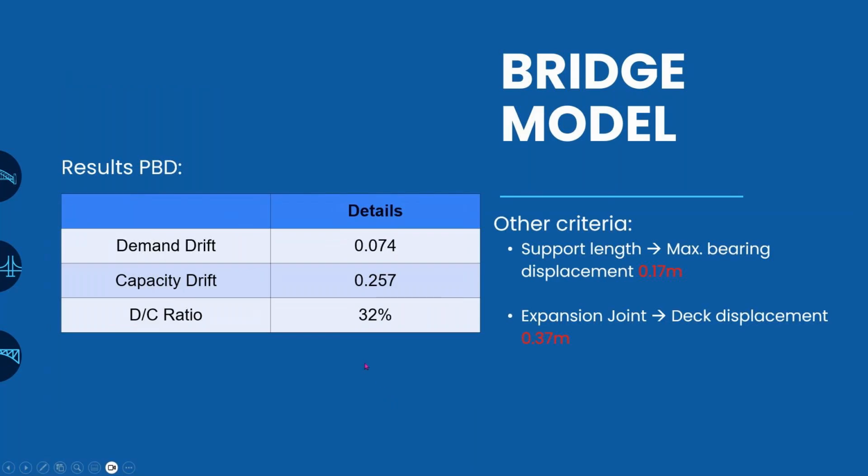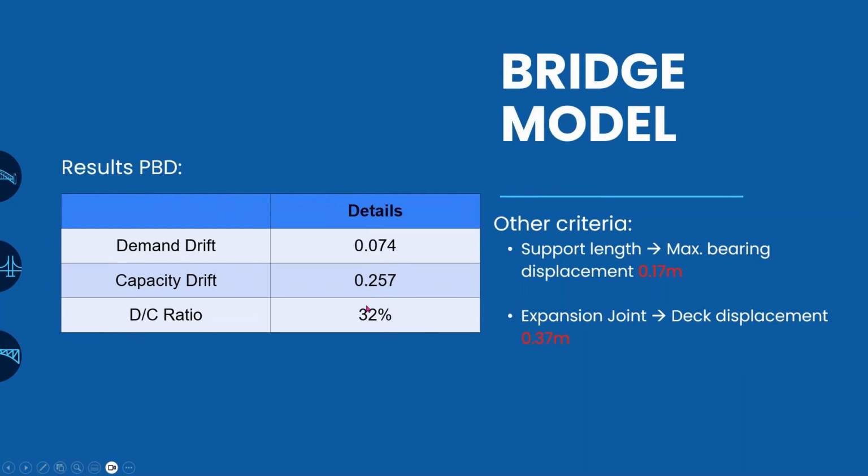So if we compare the demand drift that we got from the response spectrum analysis and the capacity drift from the pushover analysis, the demand to capacity ratio in this case is 32%, which is less than 100%, or less than 1. This means that the service limit performance criterion for this structure is satisfied, and the margin of safety that we are getting is far more, around 68%.